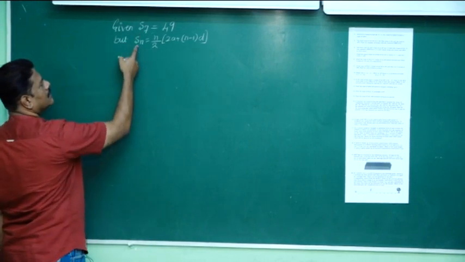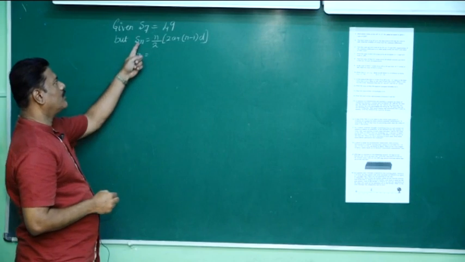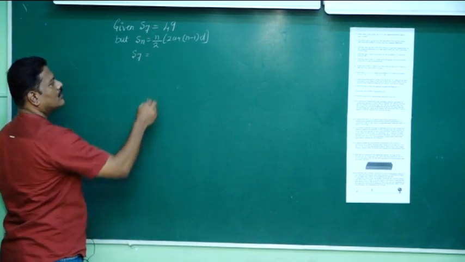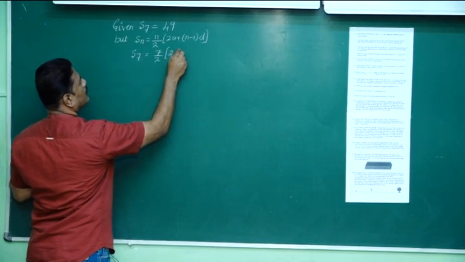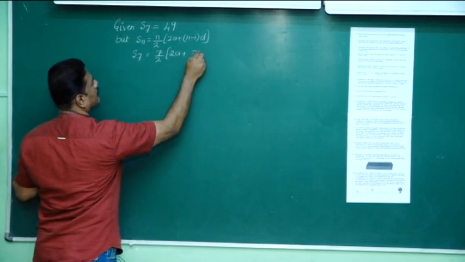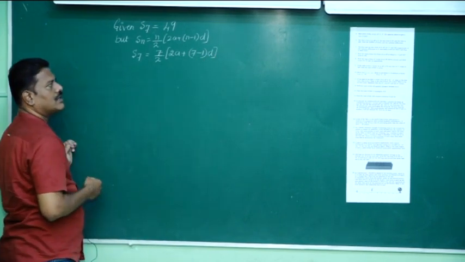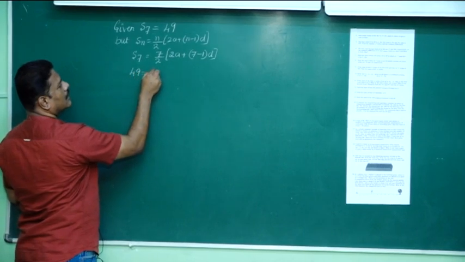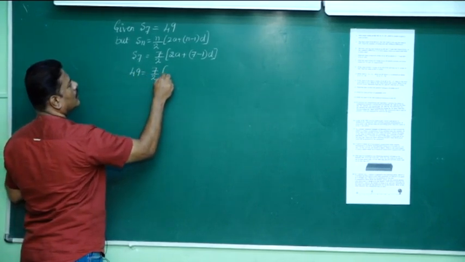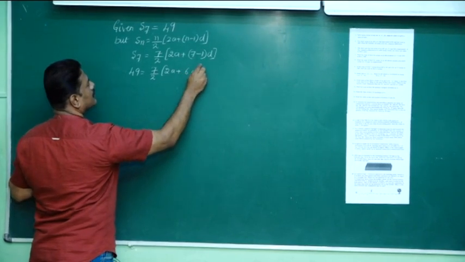You replace this Sn by S7, which means n is 7. Wherever n is there, you write 7. 7 by 2, 2 into A, I don't know, n is 7, 7 minus 1, D also not known, write D as it is. You replace this S7 by 49, 7 by 2, 2A plus 7 minus 1 is 6D.